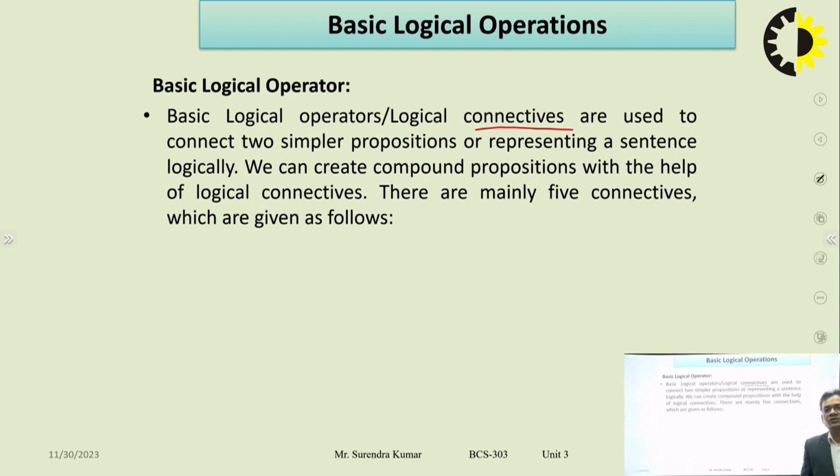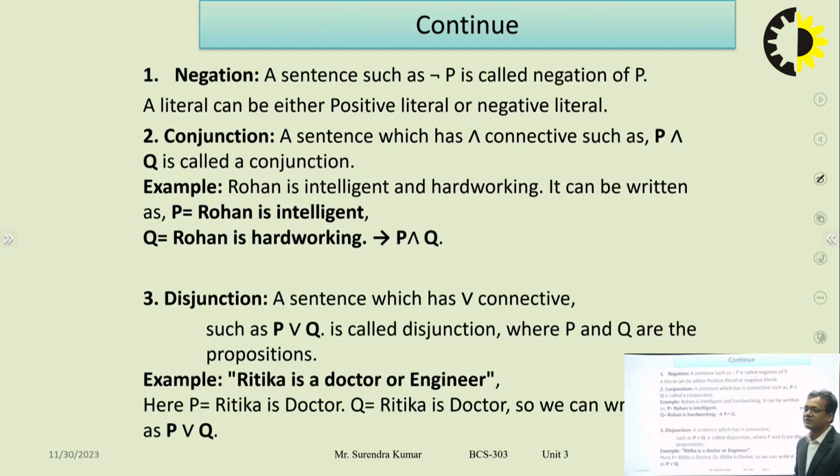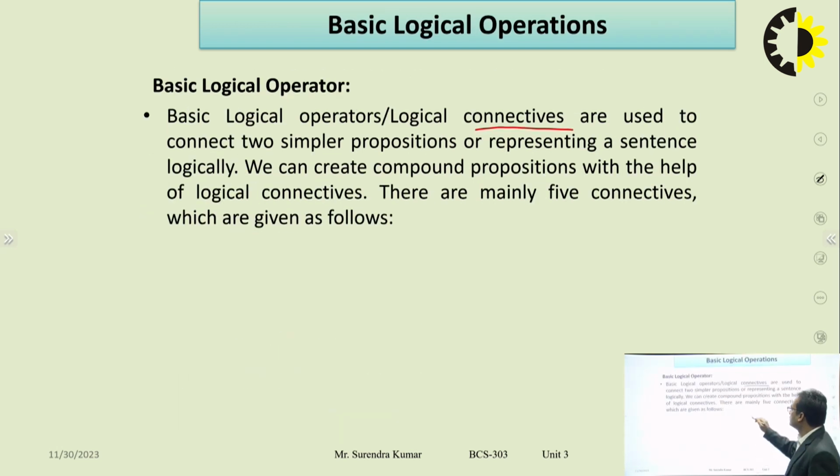Whatever sentence you are speaking can be represented in a logical way. For representing it logically, we need some operators. So we can create a compound proposition with the help of these logical connectives. These are mainly 5 connectives, which are given as follows.